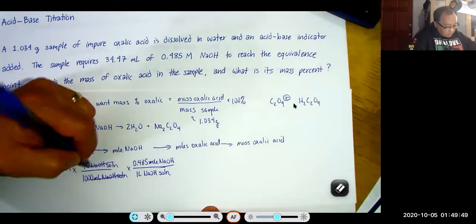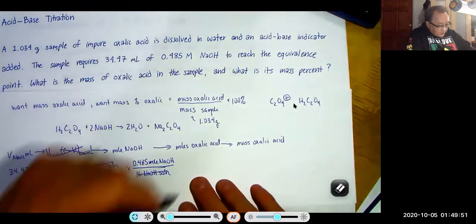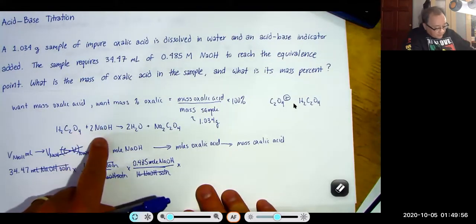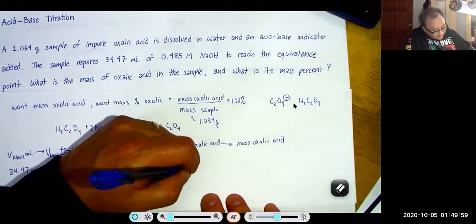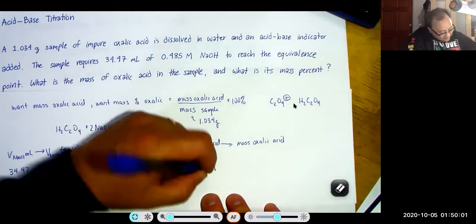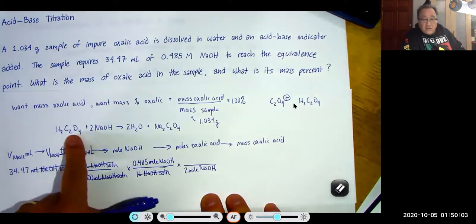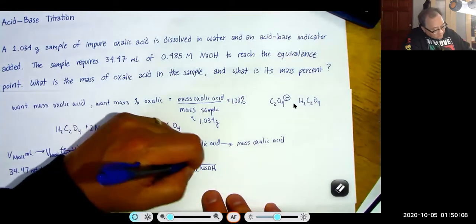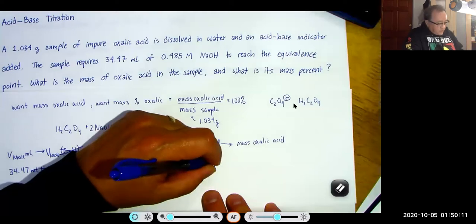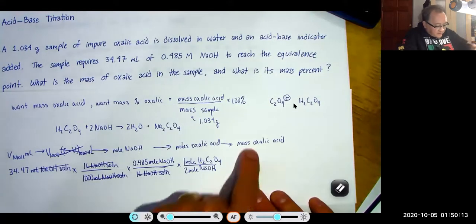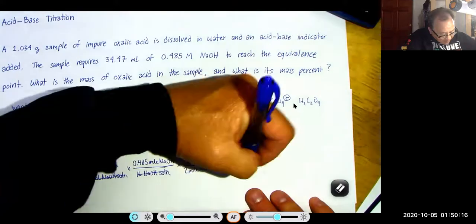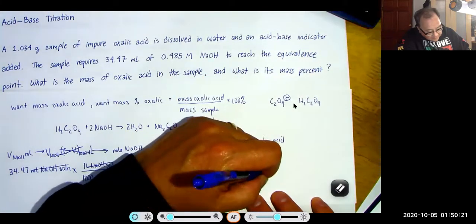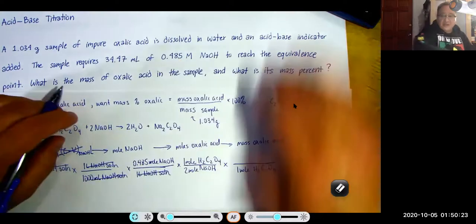And then next, I'm going to use my mole ratios from the balanced reaction, which says 2 moles of sodium hydroxide and 1 mole of oxalic acid. Okay, but remember, we want the mass of oxalic acid, so we're going to have to multiply by 1 mole of oxalic acid on the bottom, and we need the molar mass of oxalic acid.